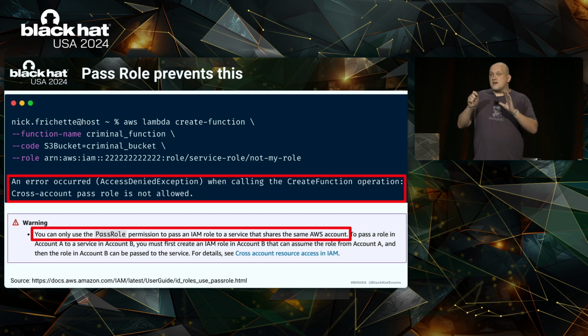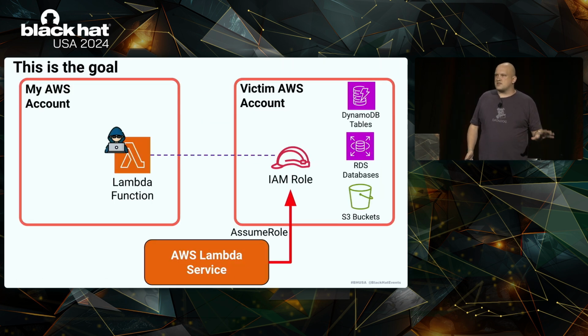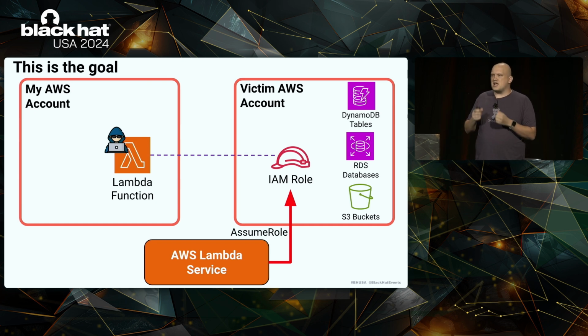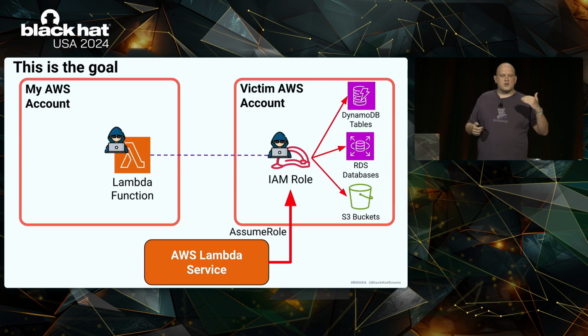Now, this is a very important security boundary in AWS, because without it, we could just arbitrarily assume role into anybody else's account and access whatever resources are associated with those roles. So this will be our first goal of the session today, trying to find a way to bypass this filter and specify arbitrary IAM roles for a given AWS service. Because with this, we can move laterally into victim AWS accounts and access all the resources that they have access to.